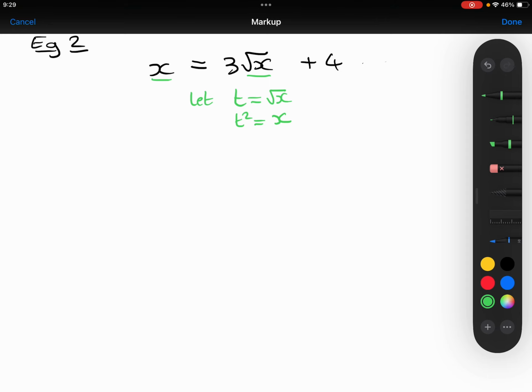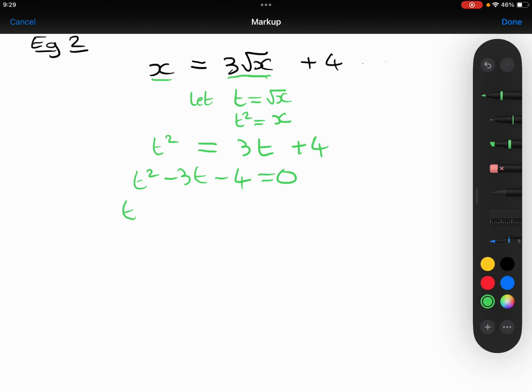So this x here gets replaced with t squared, and that's equal to the 3 lots of root x, that's 3 lots of the t, plus the 4. Now, in order to solve this quadratic equation, I want it to equal 0, so let me subtract the 3t from both sides and subtract the 4 from both sides.